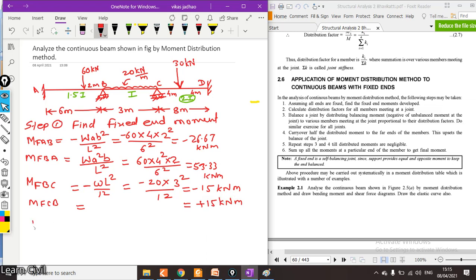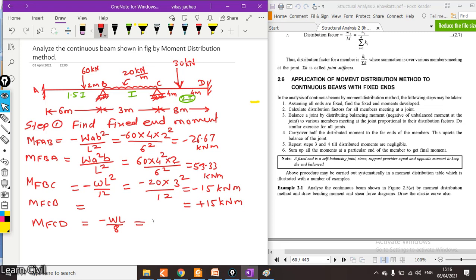Similarly MFCD is equal to, the formula will be minus W L divided by 8, because it is acting at the mid span.